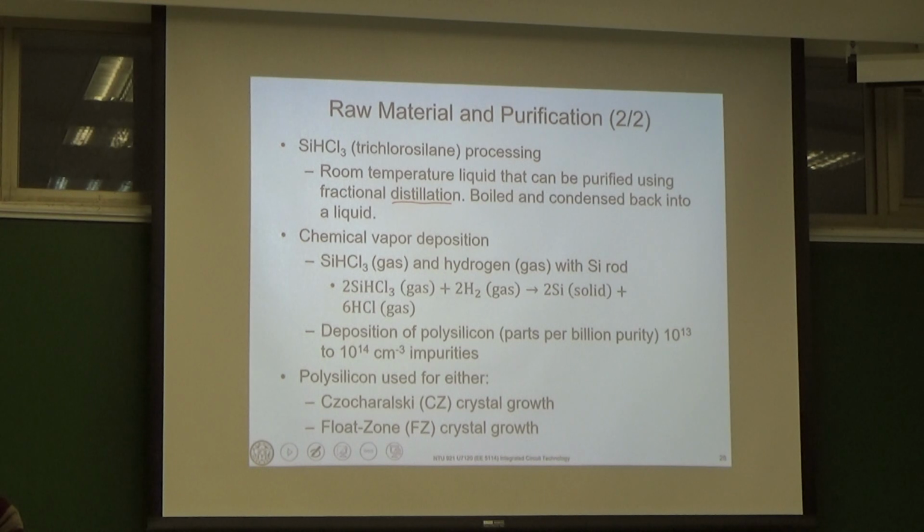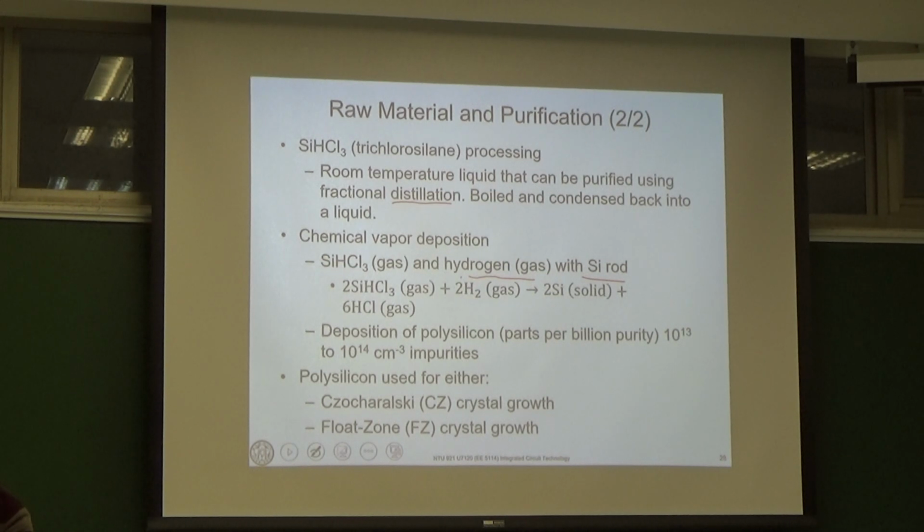This kind of process we call a chemical vapor deposition process. So we have this trichlorosilane, and we can put it with hydrogen and with some silicon rod. Those gases will react and deposit polysilicon on your silicon rod.